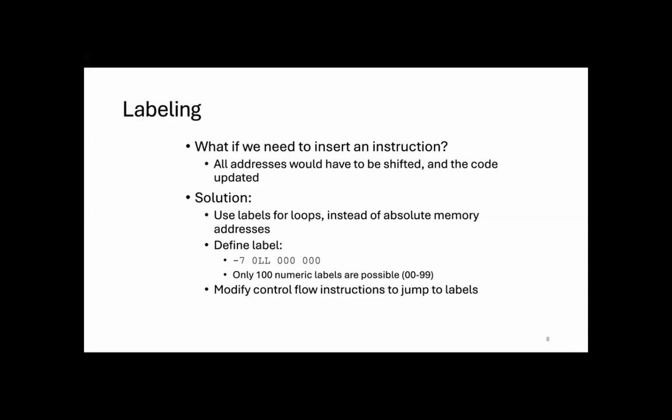It defines a new label that we can use instead of writing down the address. Only 100 numeric labels are possible here. And we are going to modify the control flow instructions to jump to the labels instead of jumping to a specific address. That label will basically include the address that we have. This is not an executable instruction. It's going to be at the beginning, and it's not executed similar to how other operations are executed.